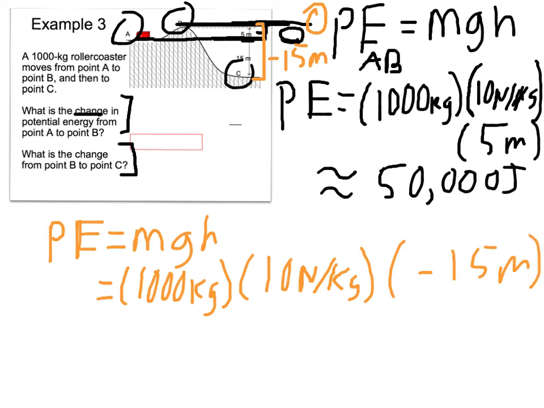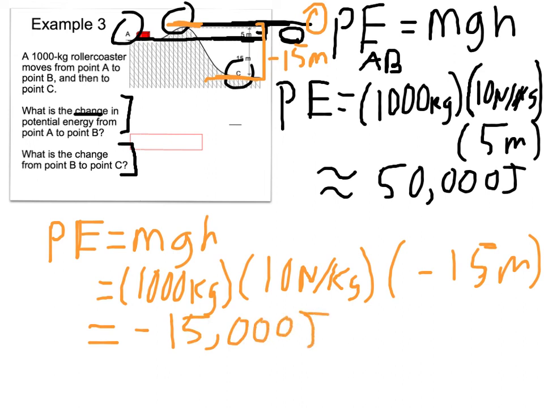Mr. Melvin, I thought you said we didn't need to worry about the negatives. Well, generally you don't. However, you can clearly see that if you go from up here to down here, your potential energy decreases. So why not go ahead and include in the problem, hey, that's a decrease, it goes down. 1,000 times 10 is 10,000, times 15 is 15,000, and like I said, we know it's going down, we know it's negative. Let's just go ahead and say it, negative 15,000 joules.